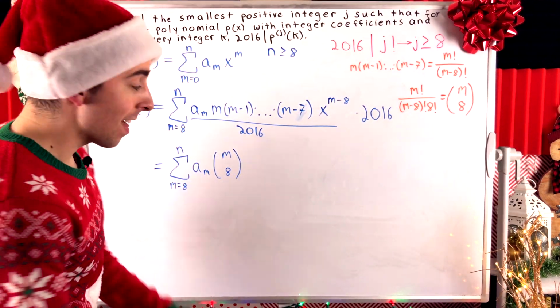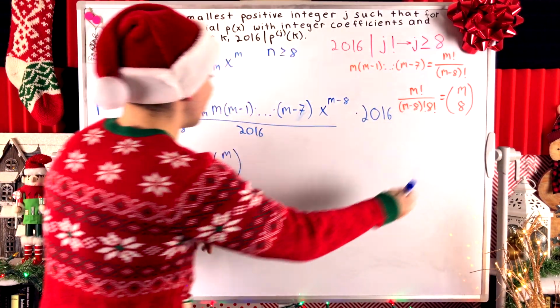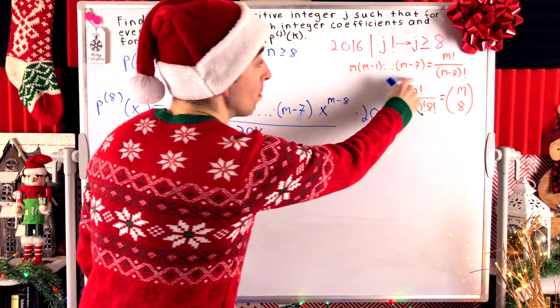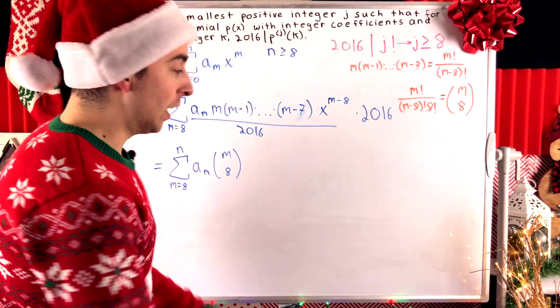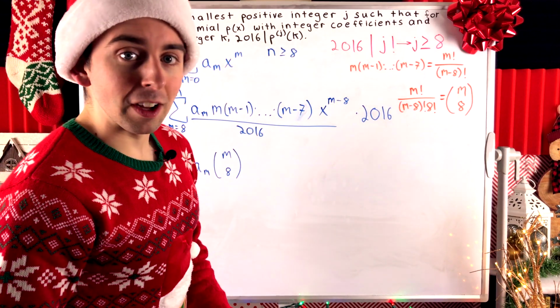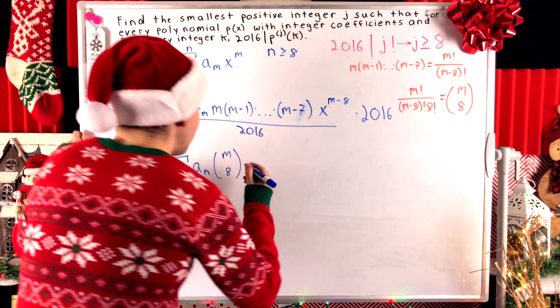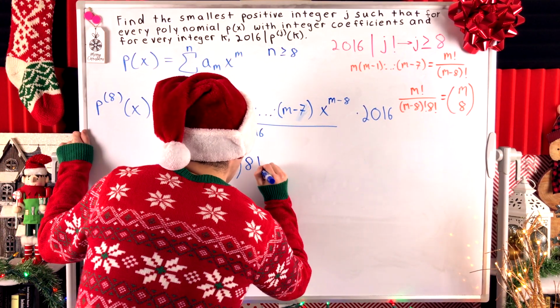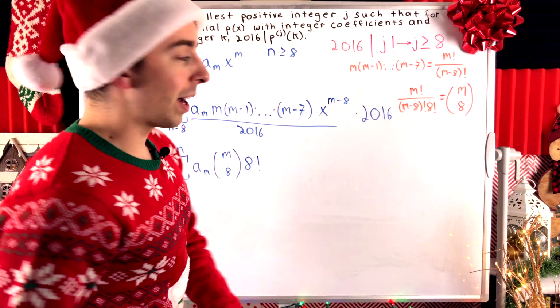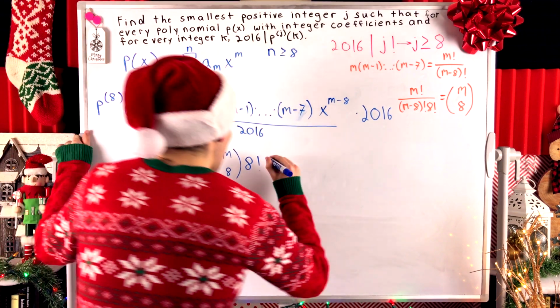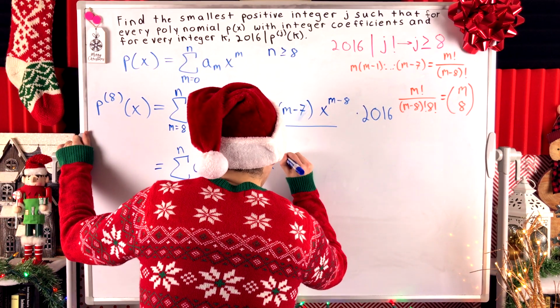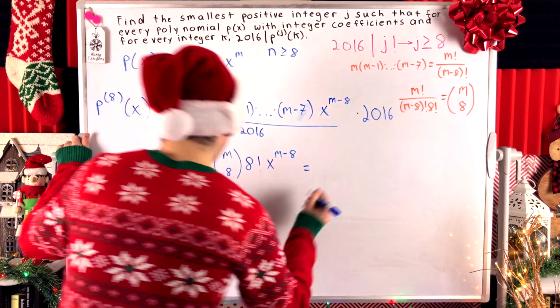However, remember, this binomial coefficient is not equal to m times all that stuff. We divide by 8 factorial in order to get the binomial coefficient. So to keep the value the same, we have to then multiply by 8 factorial as well. And then, of course, we still have our variable term, x to the power of m minus 8.